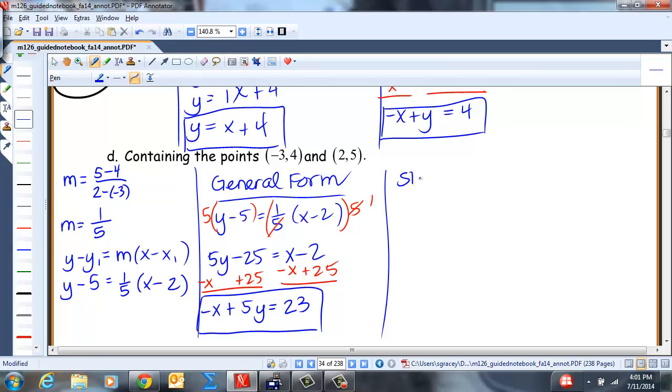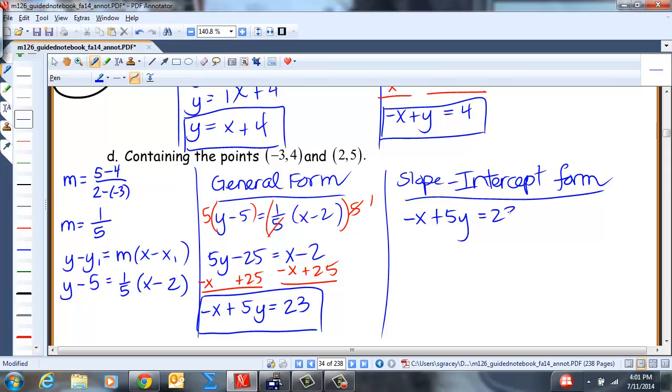And for the slope-intercept form, we'll take the general form, and now we need to add x to both sides, and we will have 5y is x plus 23.